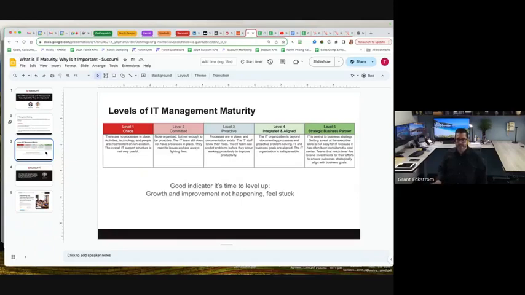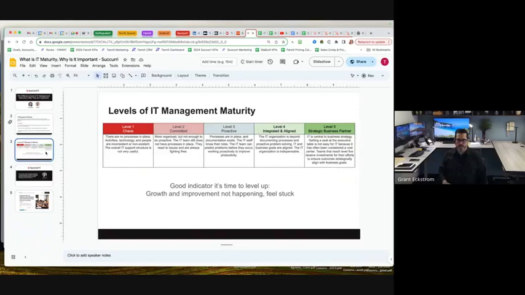And so IT has always been an afterthought. Then you start getting to a spot where you're like, hey, this is actually impacting my business. This is stopping me from being productive. It's creating a lot of lag time between setting up employees and deployment of new technologies. And so that's level one.